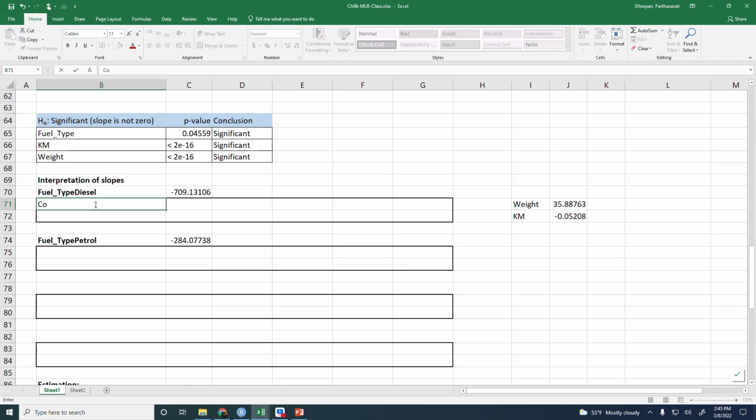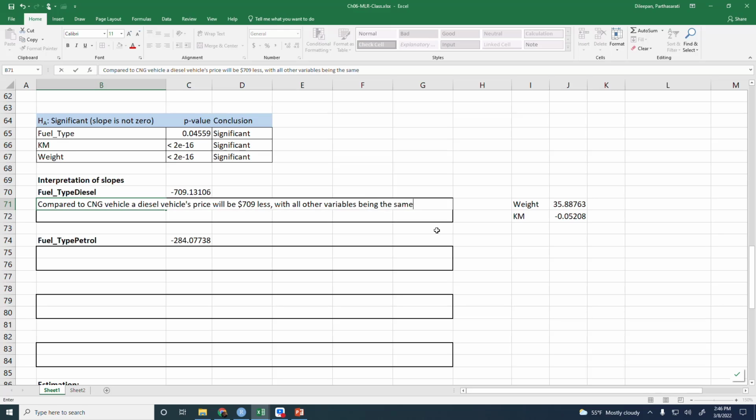So compared to a CNG vehicle, a diesel vehicle's price will be $709 less, with all other variables being the same.